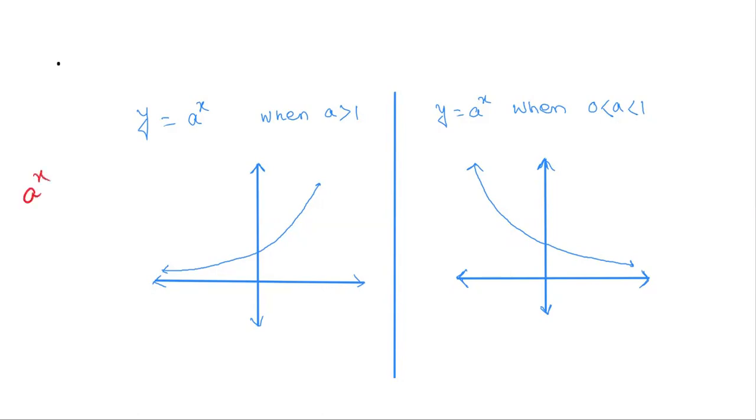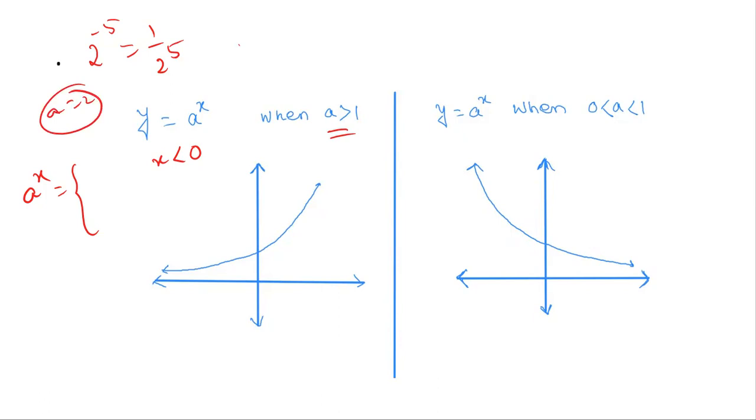If x is less than 0, let's say x is minus 5, and I take a as 2, then 2 to the power minus 5 becomes 1 by 2 to the power 5.